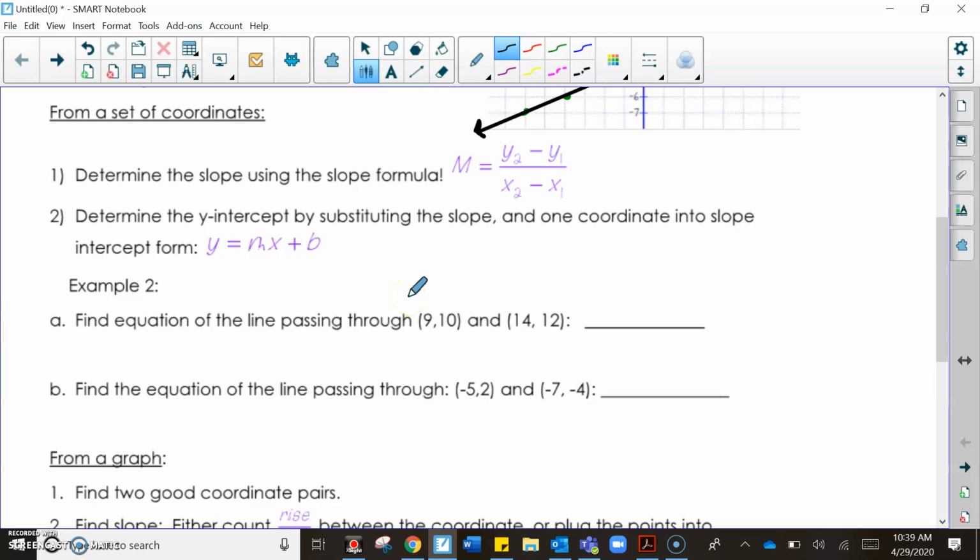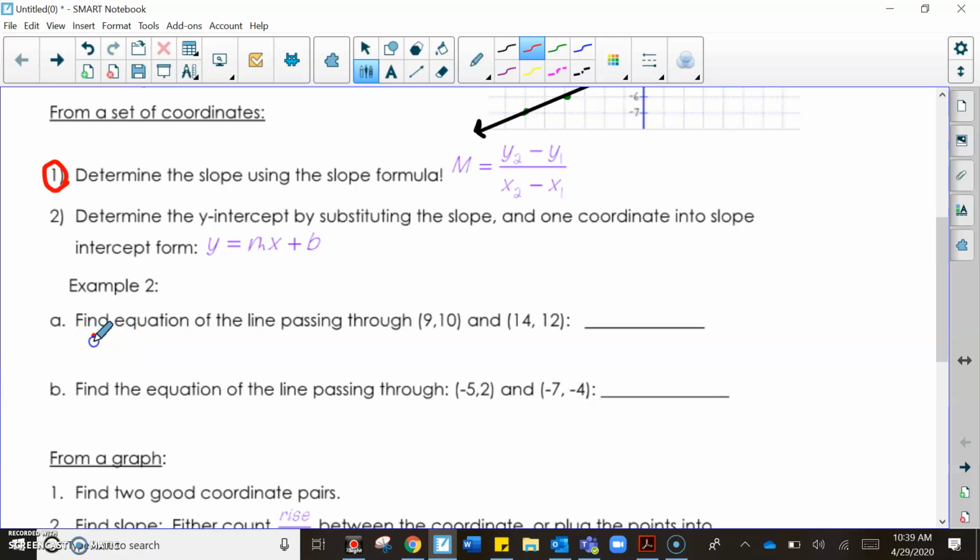So determine the slope using the slope formula. Notice the slope formula is different than the equation of a line. Okay? So find the equation of the line passing through this point here. So I'm going to find the slope first. That's what they said here, determine the slope first.